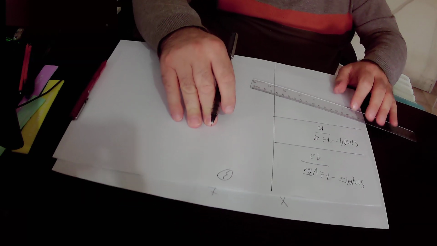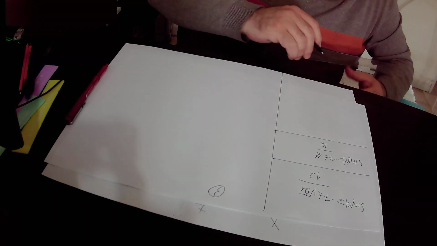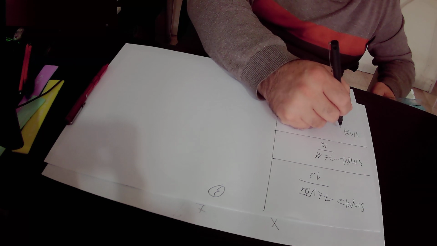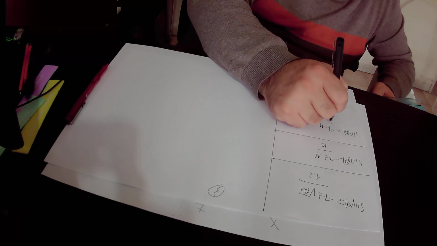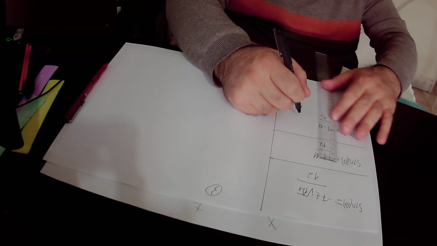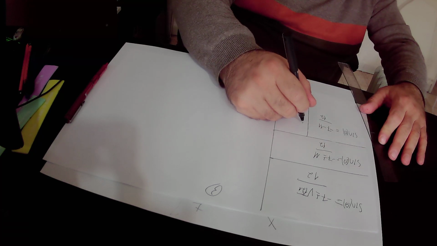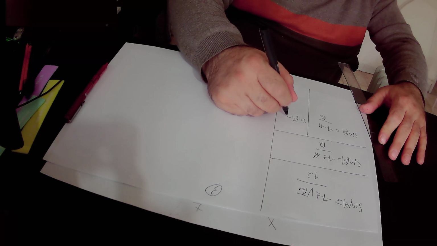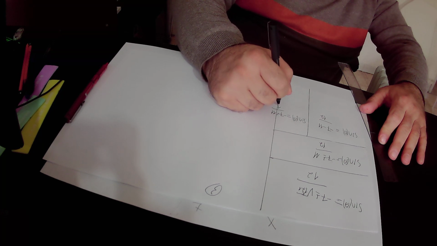The first solution is that sine theta will be equal to minus 7 minus 11 over 12, and the second solution is that sine theta will be equal to minus 7 plus 11 over 12.